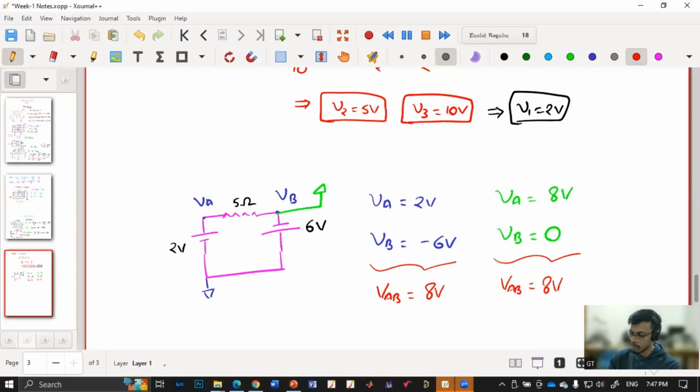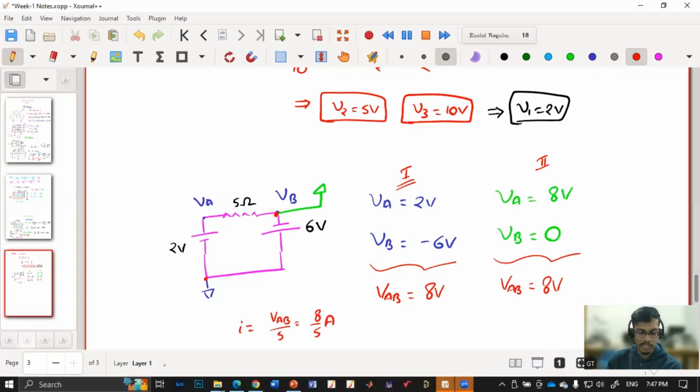But in my part 1, I am asking the voltages with respect to this terminal. And in my part 2, I am asking with respect to this terminal. So that makes the difference, right? But if I ask the current in the 5 ohm, my answer is I equals VAB by 5, which is 8 by 5 amperes.